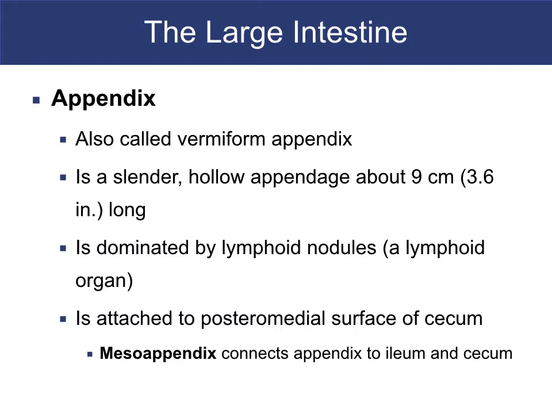Anyway, it's mostly just full of lymphoid nodules, so we like to think that the appendix is actually a lymphoid organ. It's supposed to fight infection, but the fact is in humans it's so little it really doesn't do much of anything except get clogged up with little doo-doo balls and then cause appendicitis and rupture and get you really sick.